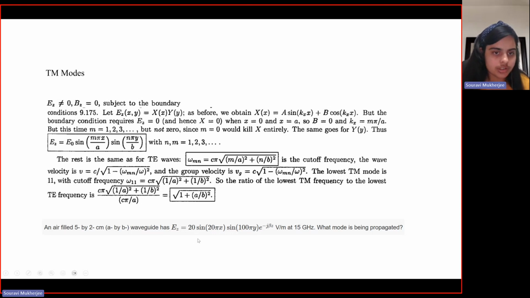So in this kind of question, if your Ez component is given and you're asked what is the mode, compare with this form. Because it has a product of sine, that means it's a TM mode, that is for sure. Now for TM, what is the value of n and m? Compare this with the expression that you have here, and that will give you the values of m and n. That's how these questions could be answered.